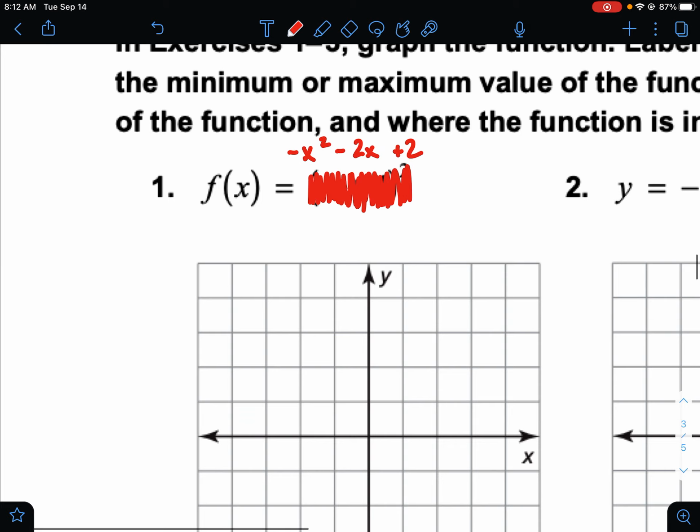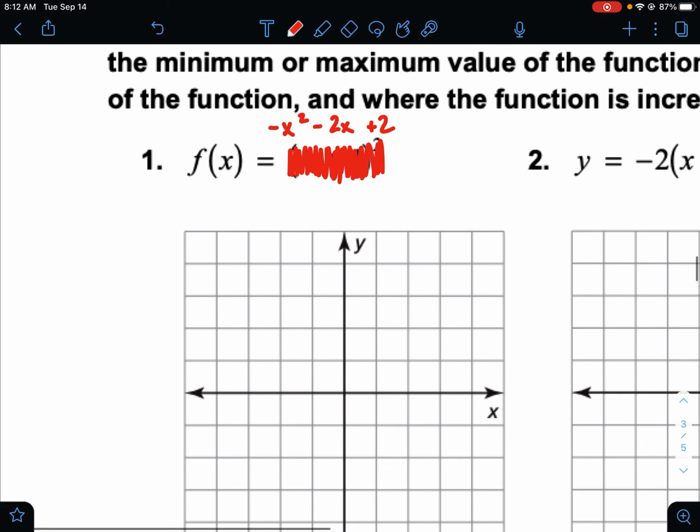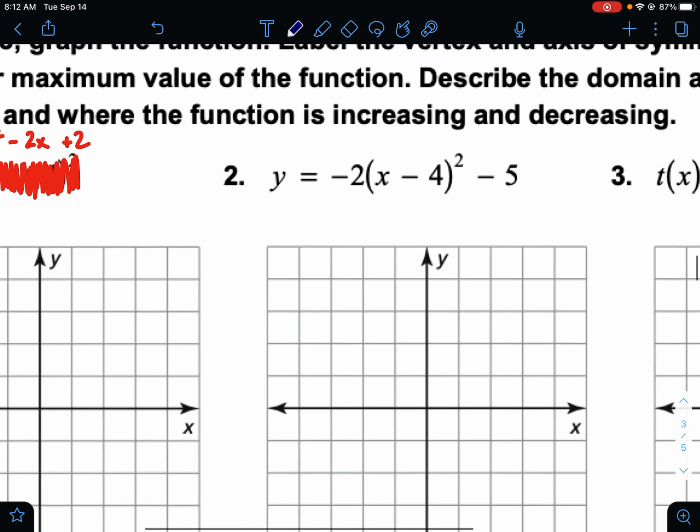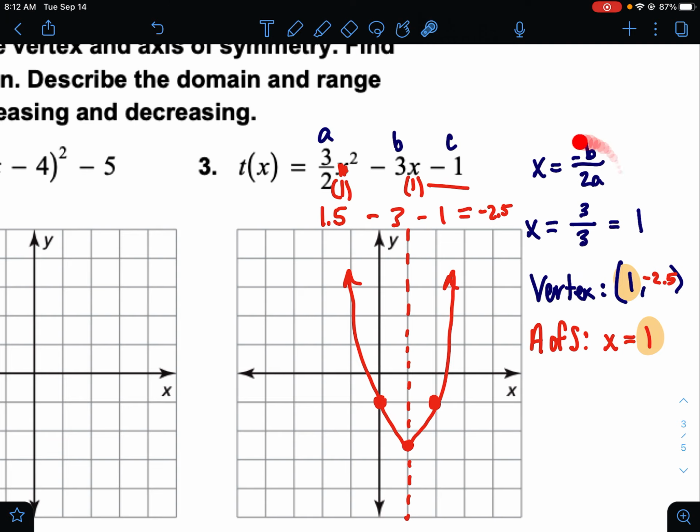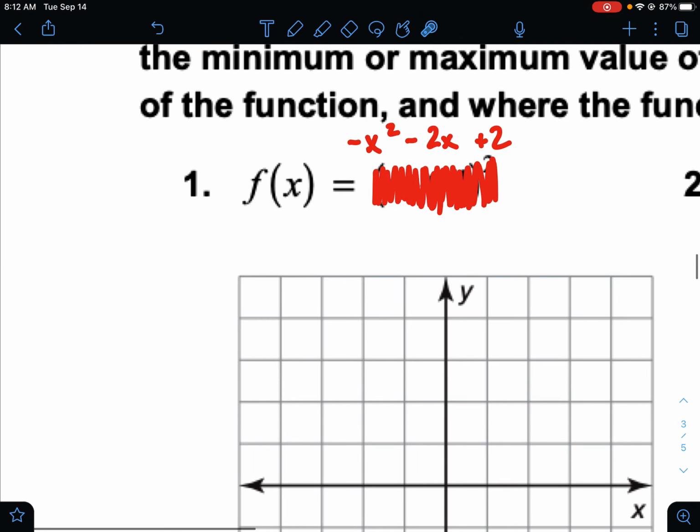And so what we're going to do is exactly the same process. I'm going to go a little quicker this time, but it's going to be the same process. So first, again, we are going to find the vertex. Just like we did over here, the x part of the vertex is x equals opposite of b over 2a. So I'm going to do that over here. X equals opposite of b over 2a.